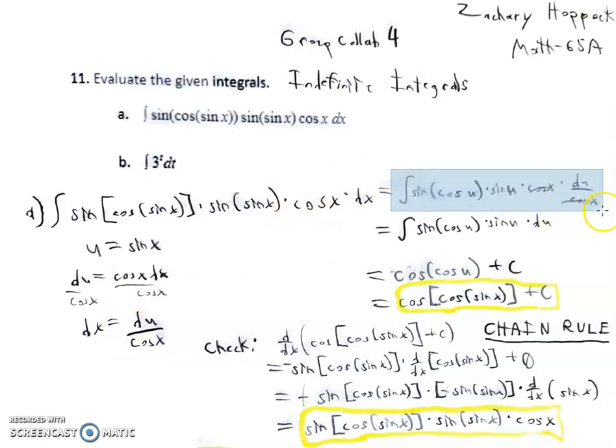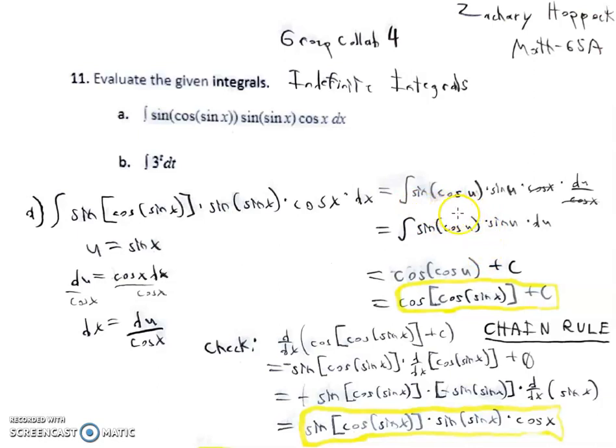That way we now get the integral of sine of cosine u times sine u times cosine x times du over cosine x. The cosine x terms cancel each other out, leaving everything else in terms of u. So you have the integral of sine of cosine u times sine u du.